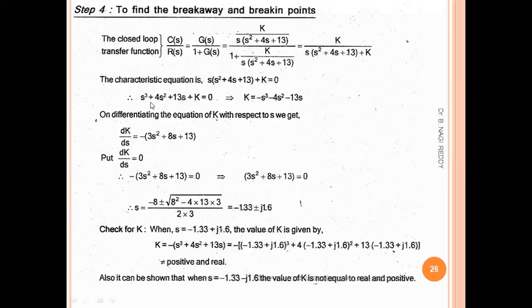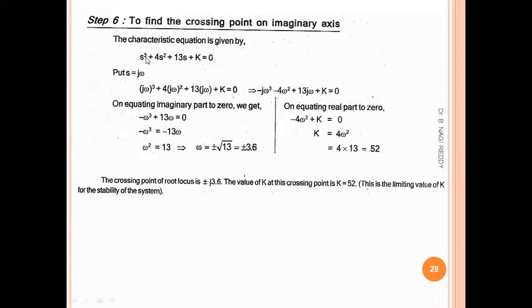So this is the characteristic equation of the closed loop. Take this characteristic equation and substitute j omega in place of s. Substitute j omega and simplify. You know what j square is, and what j is. Simplify, and you will get this equation: minus j omega cube minus 4 omega square plus 13 j omega plus k is equal to 0. Here we have real terms and imaginary terms.